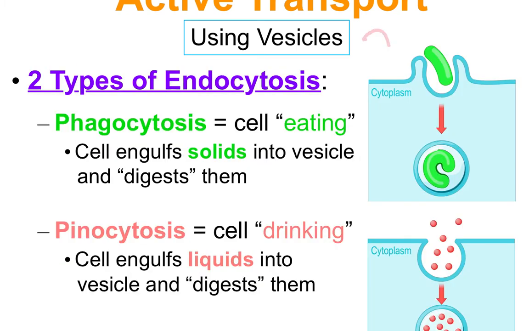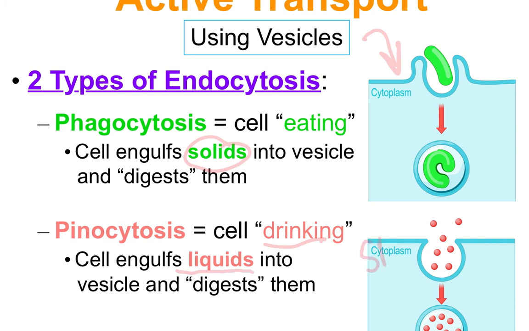Endocytosis, or this entering process, is fascinating. It has special names for two different types of this engulfing. We call it phagocytosis if the cell is eating. That's like when it's eating solids and it brings them in and digests them. Pinocytosis is the cell drinking, or it's engulfing liquids.